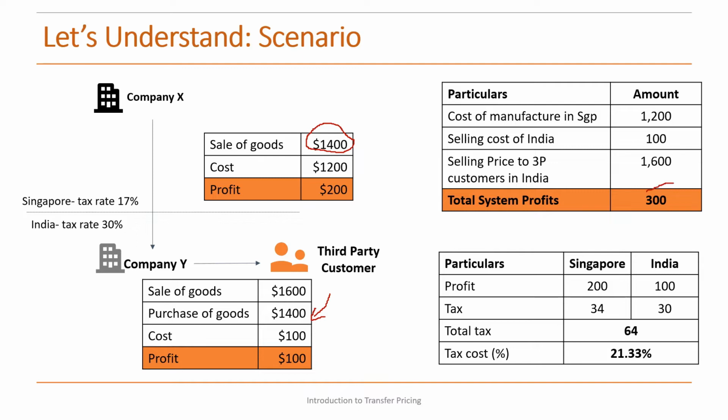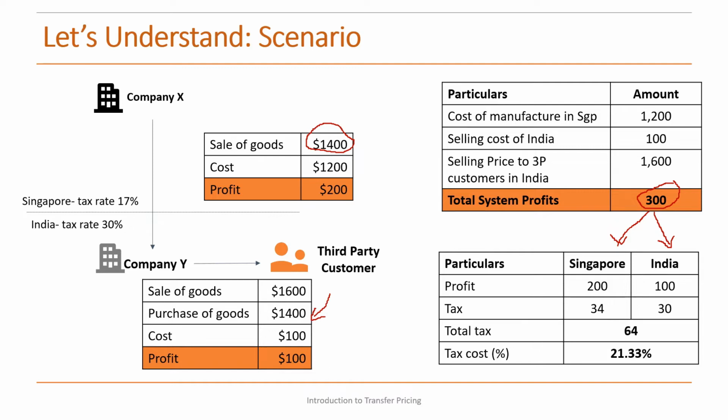So in the same example where the overall system profits was $300, by just changing the intercompany pricing, the group has now managed to keep $200 in Singapore instead of 100 as in the earlier example and reduce the profitability from $200 to $100 in India.